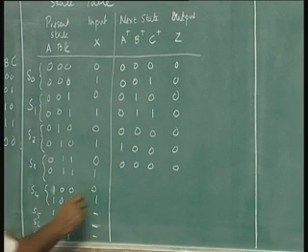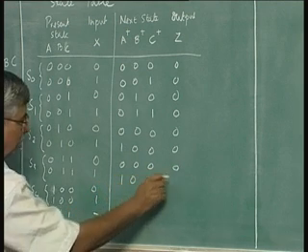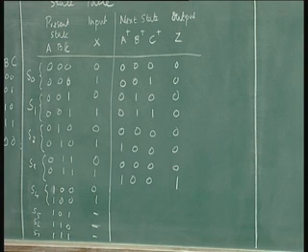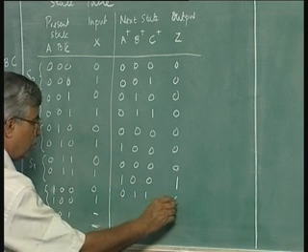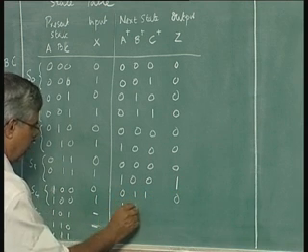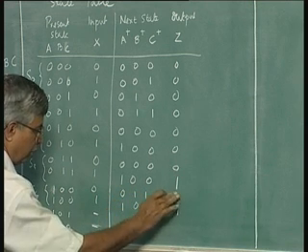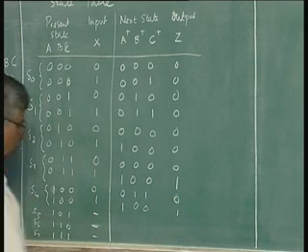If 1, it goes to S4 with an output of 1. Is that right? And from S4 it is going back to 0 1 1, output of 0, but it remains in that state, output of 1. Is that right?